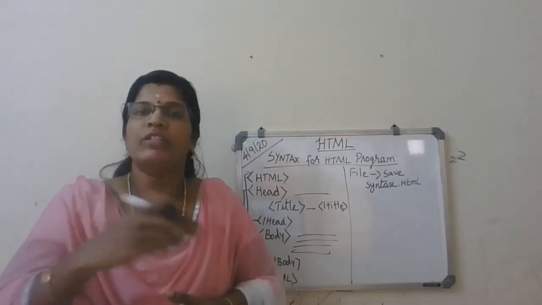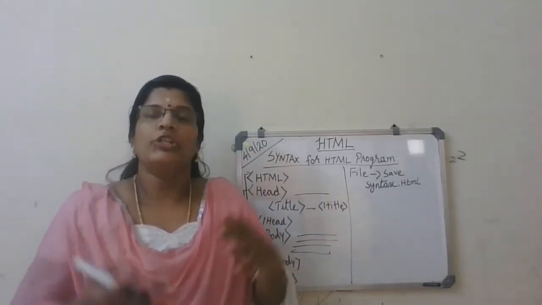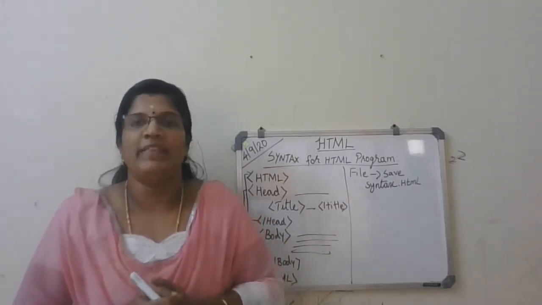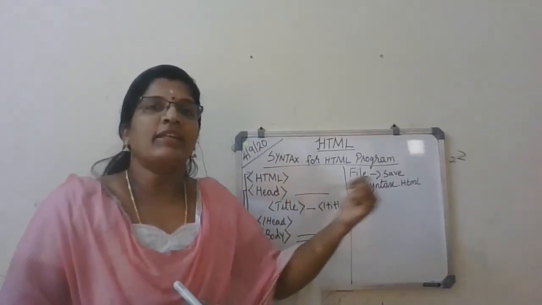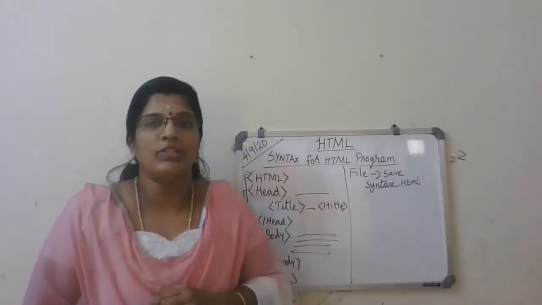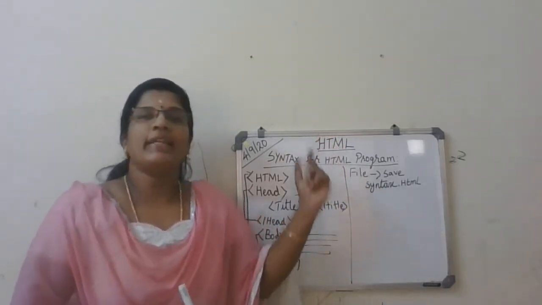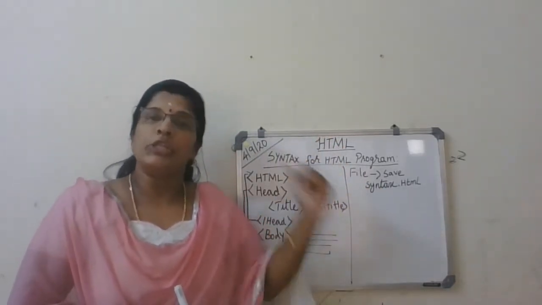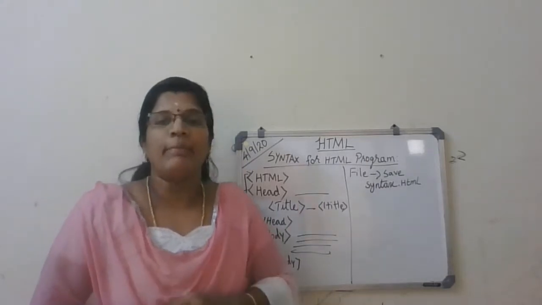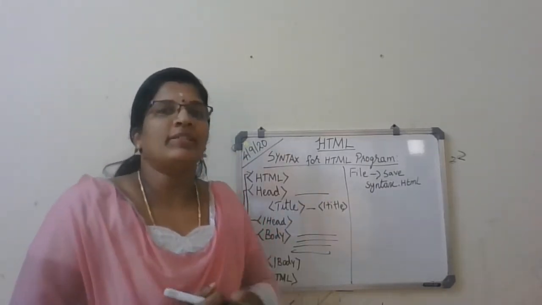Do not leave a space before and after the dot. It should be a single word. It should be clubbed together. Got it? Syntax.html. According to the program, the first name you can give as you like. But the second part, the extension, we are writing a HTML program, so it should be .html. Got it? Okay. So we have saved it.